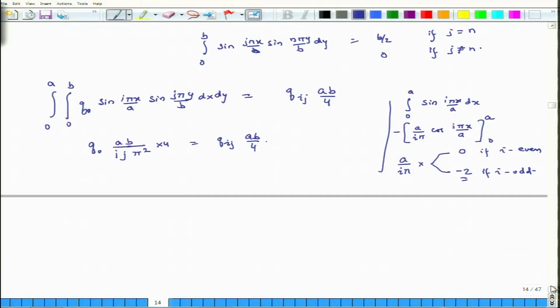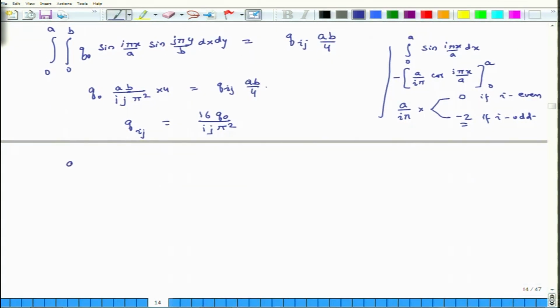Okay. So, the value of q i j is equal to 16 q naught over i times j times pi square, or I can also say that q m n is equal to 16 q naught over pi square m n.